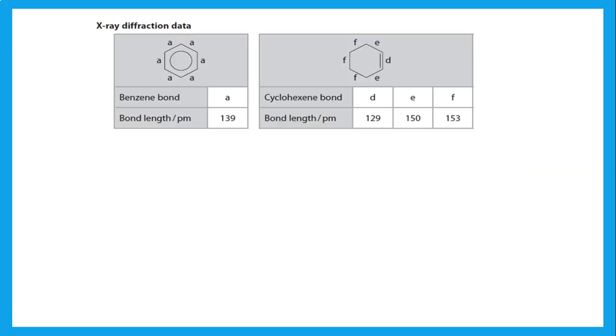Now, the X-ray diffraction data has to do with the bond length, and it indicates that all the bonds in the benzene ring are the same length, while in cyclohexene, the single bonds are longer than the double bond.